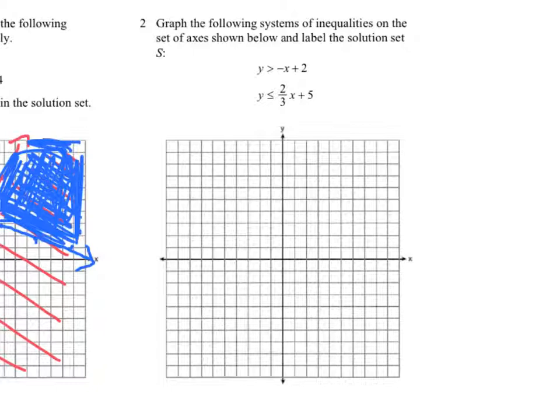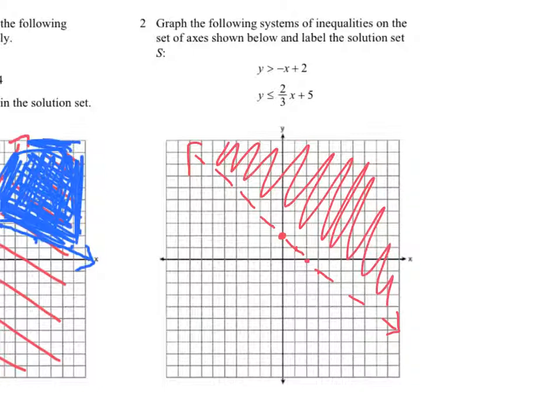Alright, so we're going to graph y is greater than negative x plus 2. So we'll start here. Negative x means I have a negative 1 slope. And the kind of line that I'm going to draw is a dashed line, so I'm just going to do a dashed line here. And it's greater than, so I'm graphing up.